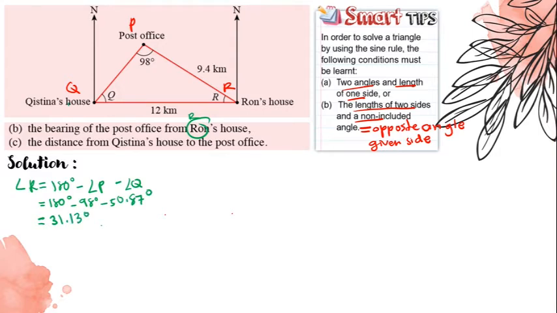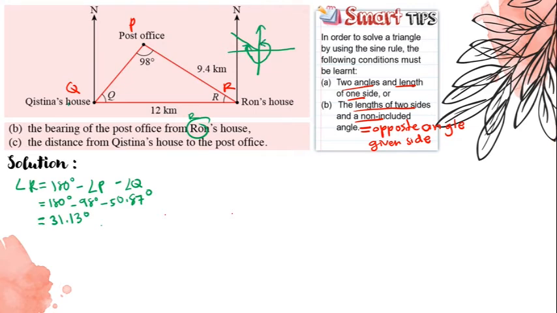Remember, the bearing starts from this line. Since R is located here, the bearing should be from this one to this one.